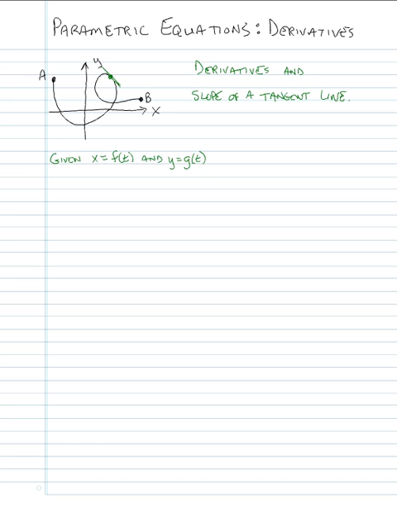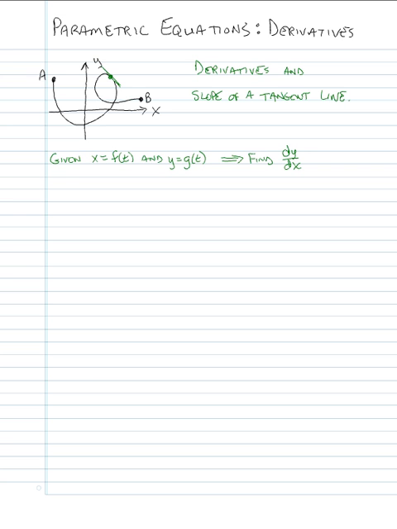Normally when we're dealing with derivatives, we're looking to find the derivative of y with respect to x, but of course we don't have y defined in terms of x.